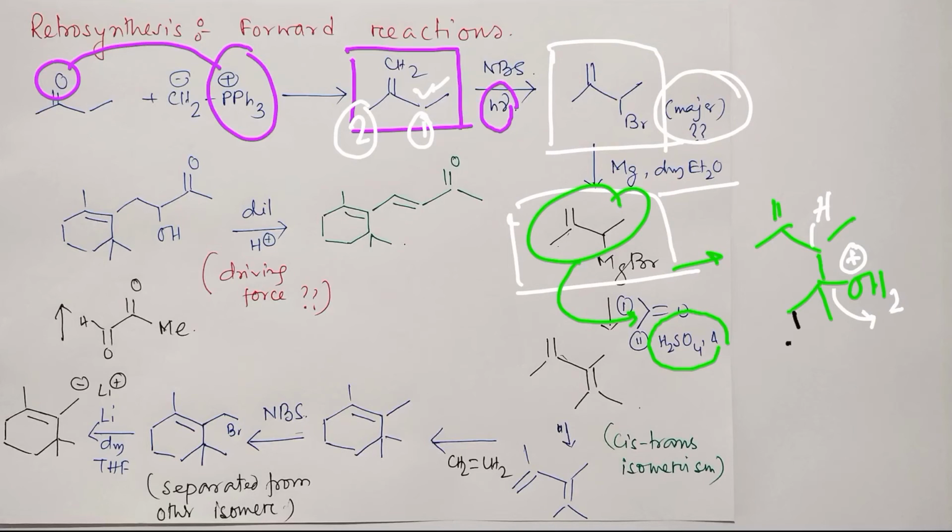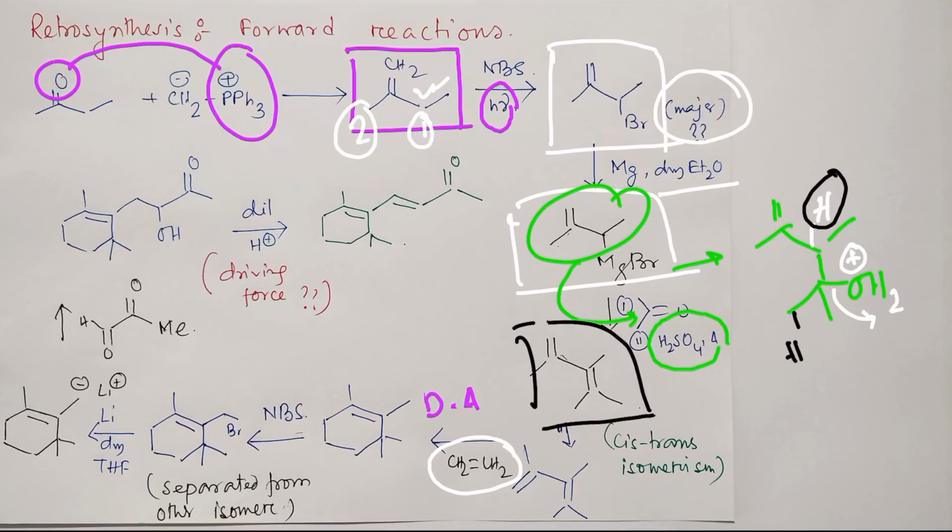Hydrogen can eliminate from here, but if this hydrogen is eliminated, the product is a conjugated diene, which is more stable, so this path will be followed, and in this case cis-trans isomerization is possible. In this way we will get the final diene product, and this diene will react with this dienophile, ethylene, via Diels-Alder reaction, and ultimately provide this part.